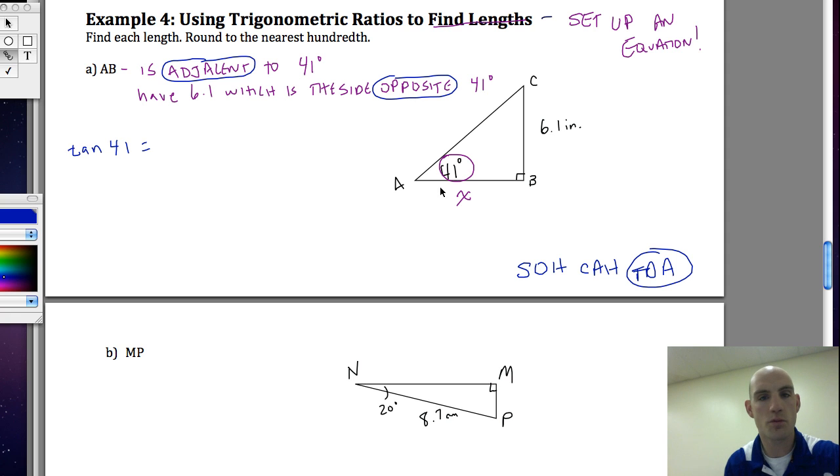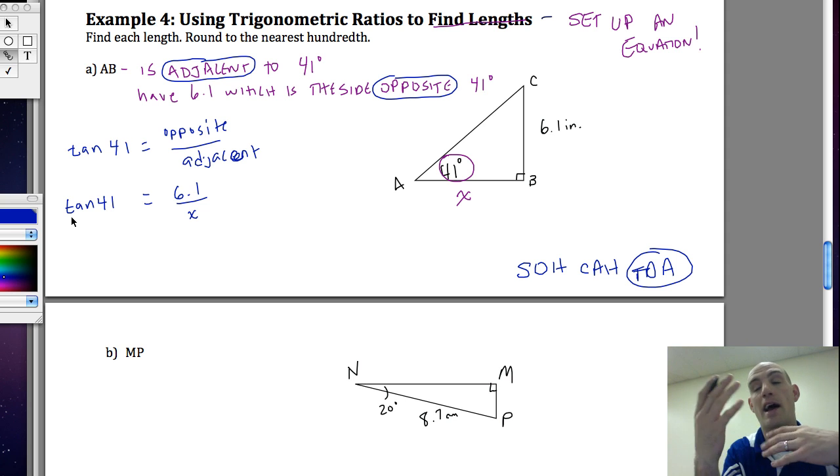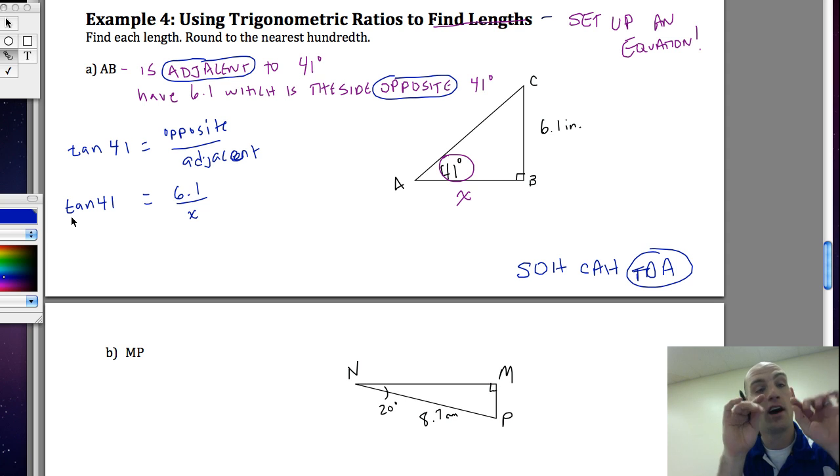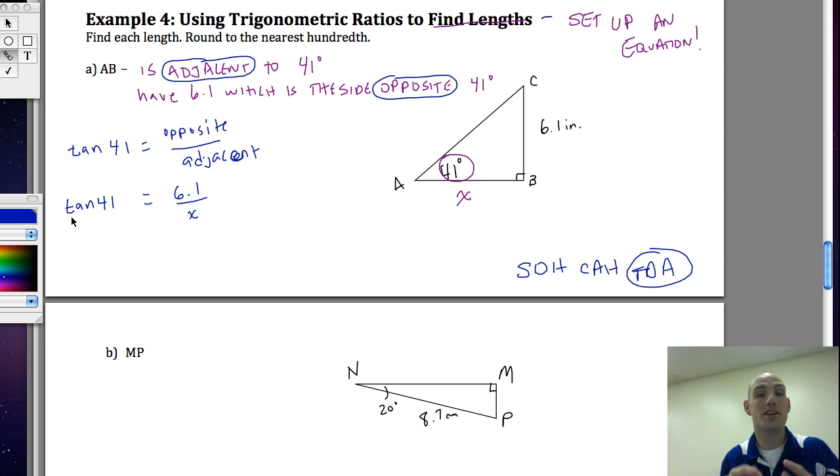So when I say tangent of 41, it's equal to the opposite over the adjacent, which is equal to 6.1 over x. Notice, I've got tangent of 41, I have 6.1, and I have x. I have an equation with one variable. This is really good for us, because if we have an equation with one variable, we can solve that. You're thinking to yourself, but what is the tangent of 41?